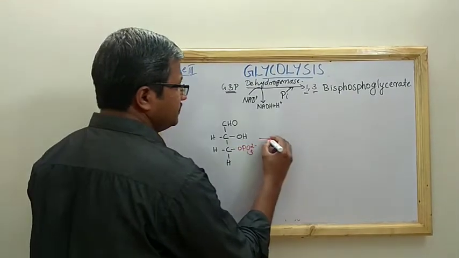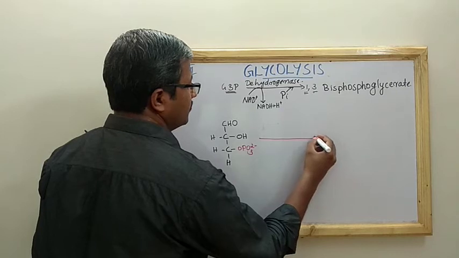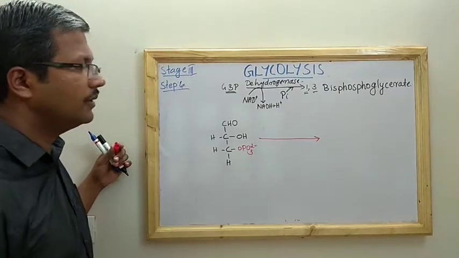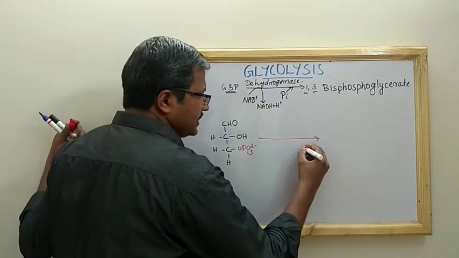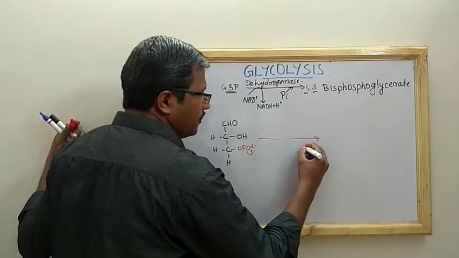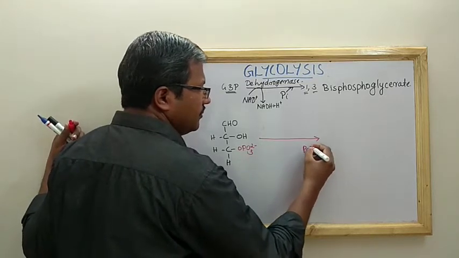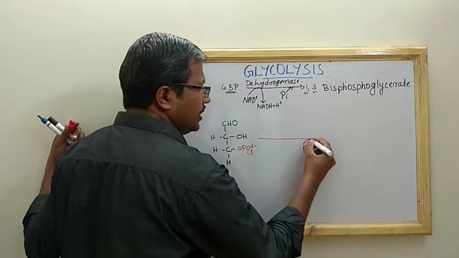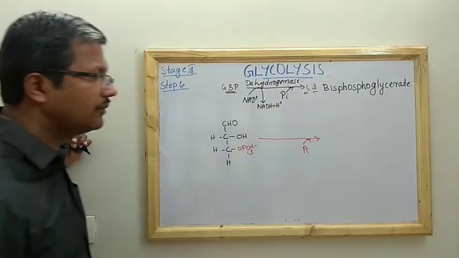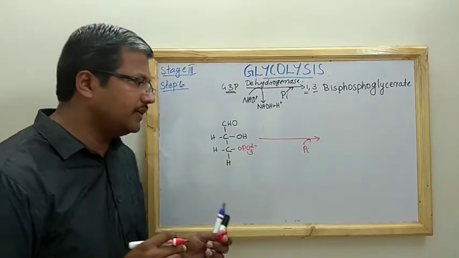And we will be just adding Pi, that is nothing but OPO3 2 minus. Okay, Pi is nothing but OPO3 2 minus.